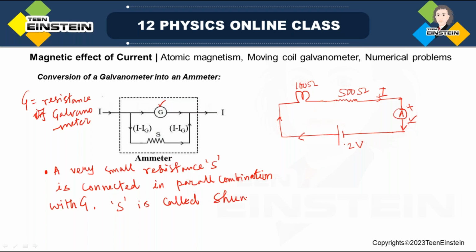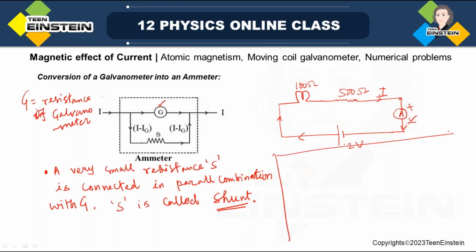When a very small resistance is connected to any circuit in parallel, it is called a shunt. So if we want to use a galvanometer as an ammeter, we have to connect a shunt.